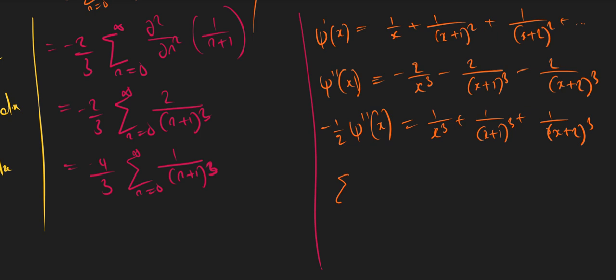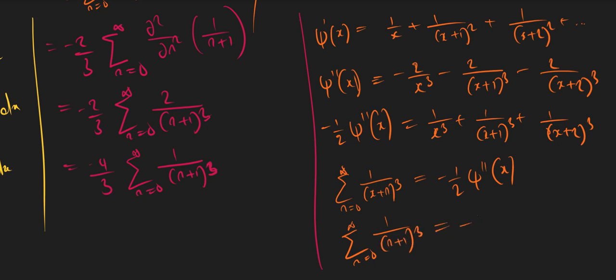So basically the sum of 1 over x plus n to the third power as n runs from 0 to infinity is going to be negative 1 over 2 psi double prime of x. So when x is 1, the sum as n runs from 0 to infinity of 1 over n plus 1 all cubed will be negative 1 over 2 psi double prime of 1.